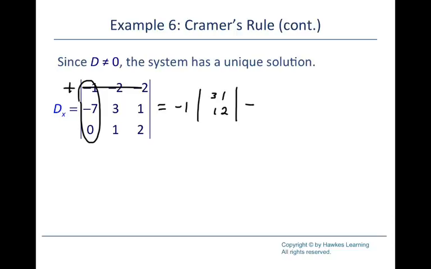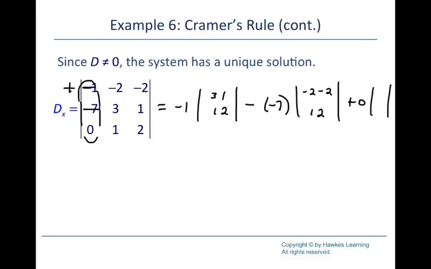Then we'll have minus, and the number in the second column is a negative 7. And then the minor for that negative 7 will be negative 2, 1, 2. And then the bottom number is plus 0. So it really doesn't matter what that minor is because 0 times anything is 0.